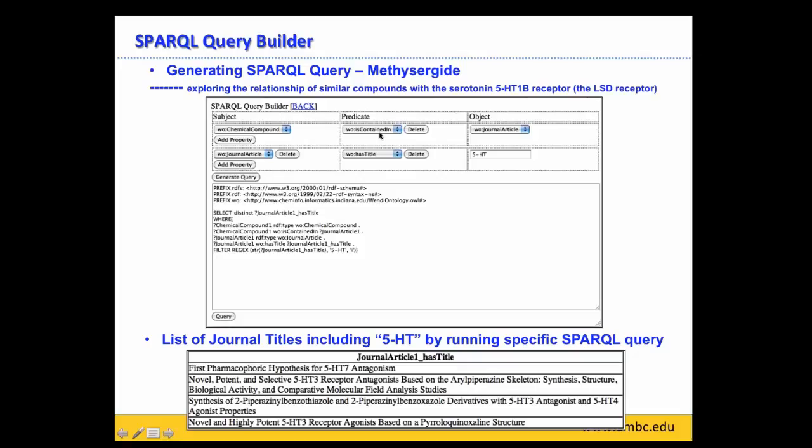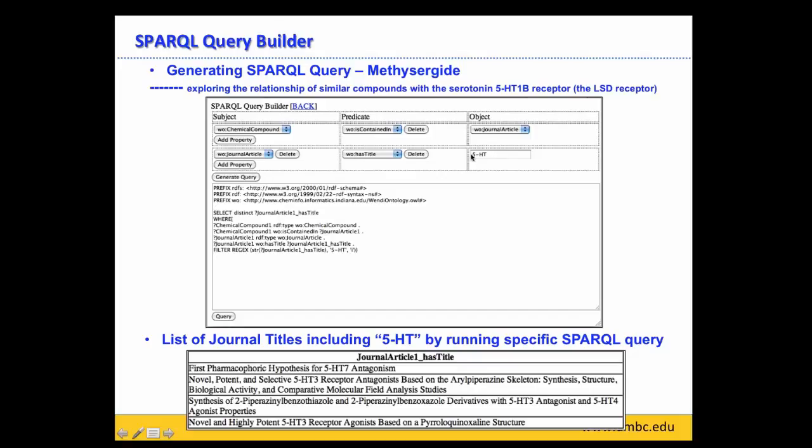We want to see whether there is literature that contains such information. So the user can select the chemical compound from the subject, and it's contained in a journal article. Then we can specify that the journal article has a title with this; you can put the text here.